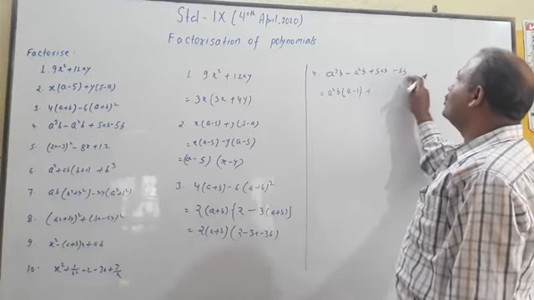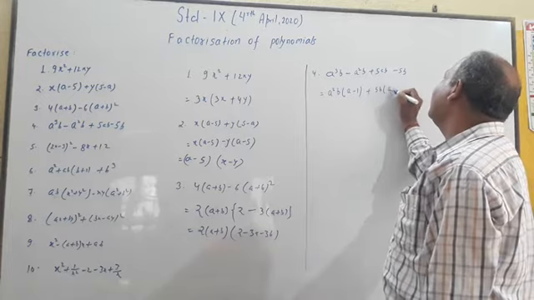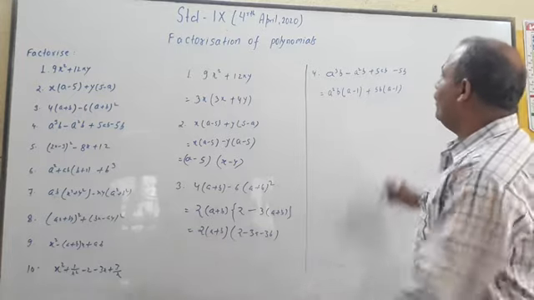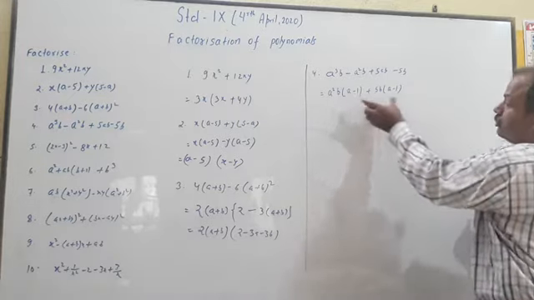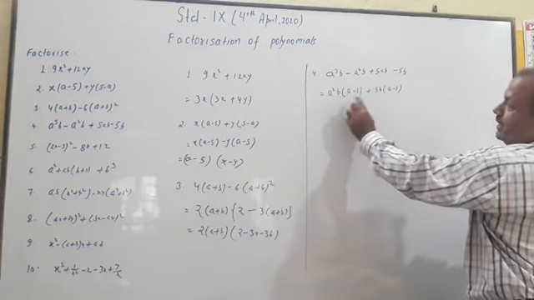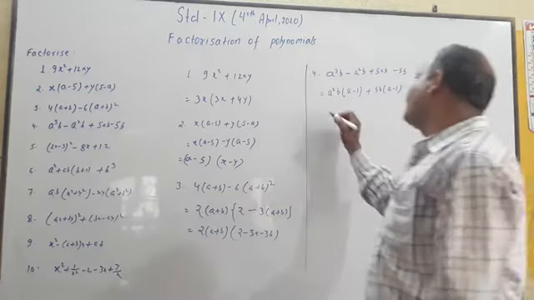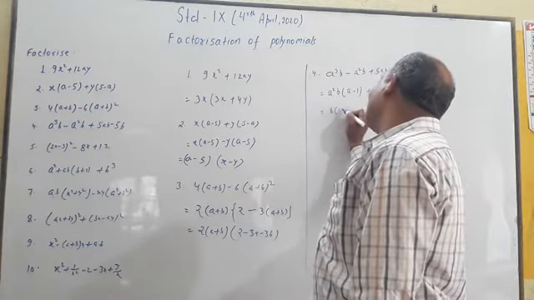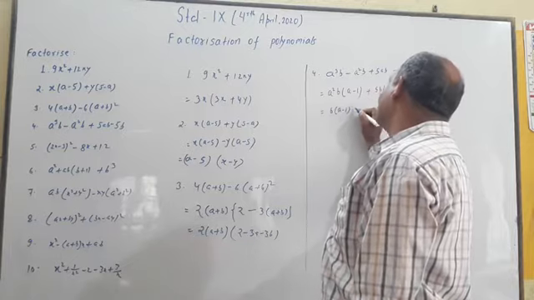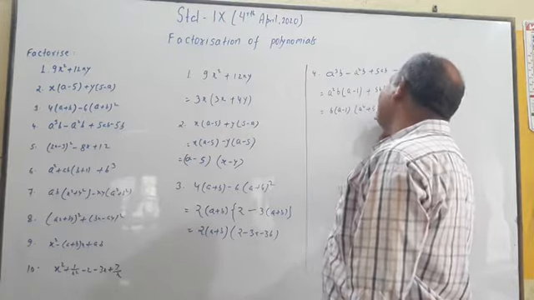Now in the next two terms, 5b is common, and we are left with a minus 1. Now when we work on these two terms, we find b is common in both of them, and a minus 1 is common in both of them. And therefore, we will take b and a minus 1 as common, and we are left with a square plus 5.